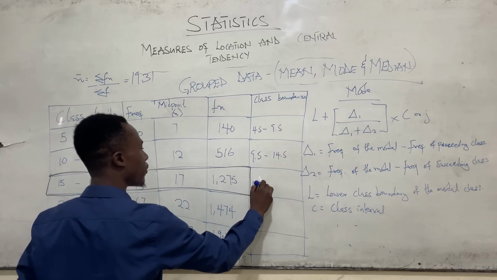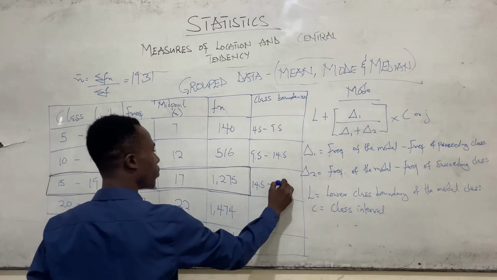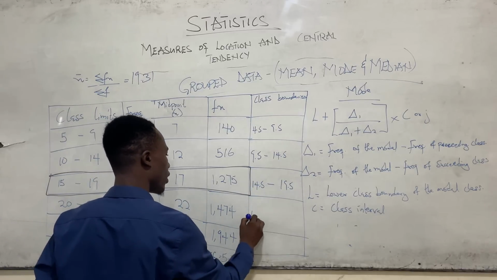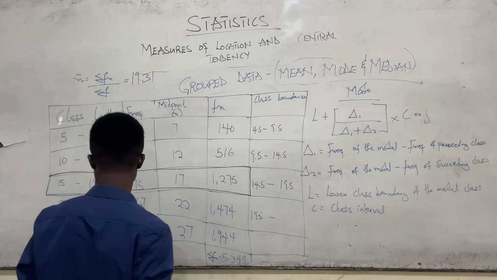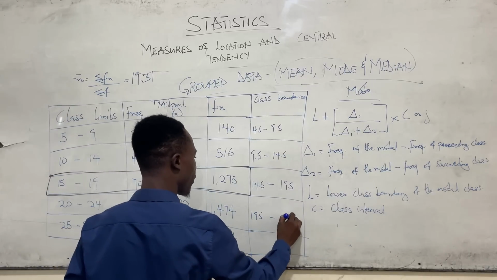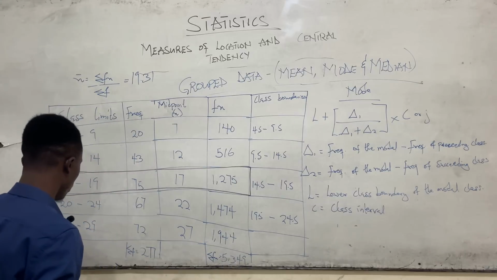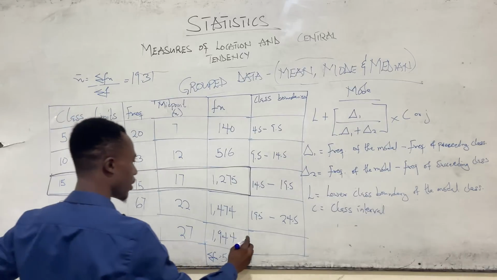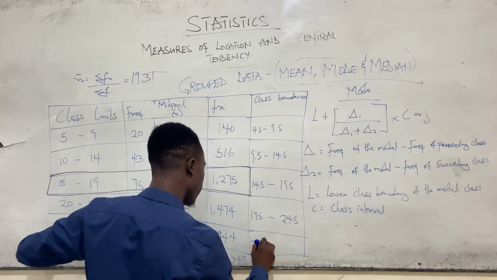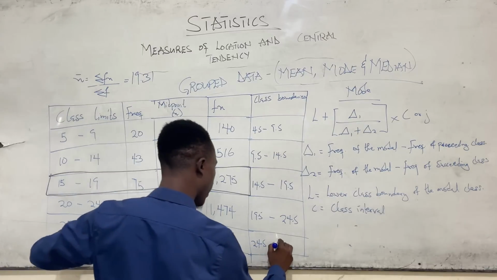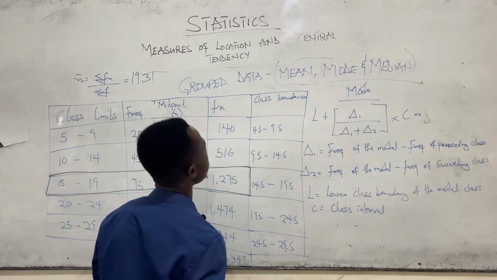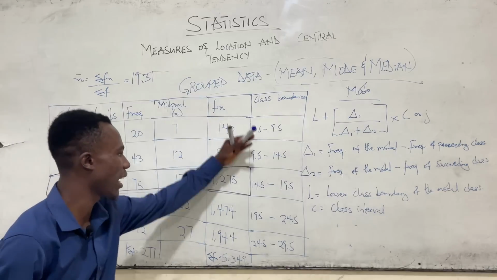And so you have 14.5 to 19.5, 19.5 to 24.5. And this one too, same, you subtract 0.5 from it, so you have 24.5 to 29.5. Okay, so we are done with the class boundaries.